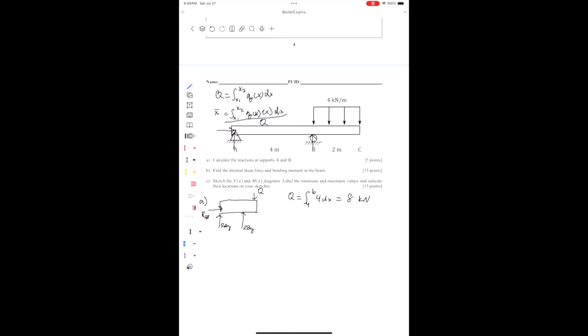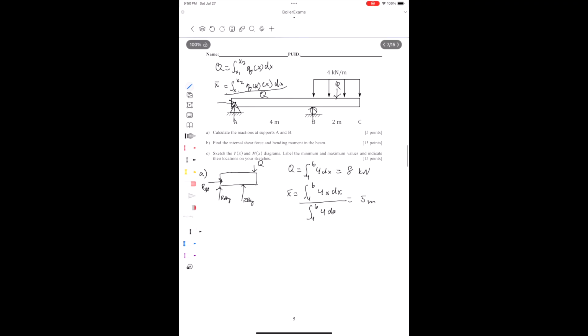So for that formula I gave you for x bar, the location of your distributed force, you have to multiply by x, and then you also have to divide by the magnitude of your distributed Q. So it's going to be the integral of 6, 4 times x dx, all of that over 8, and all of that together is going to be 5 meters. So right in the middle of this overhang essentially is where Q is going to be.